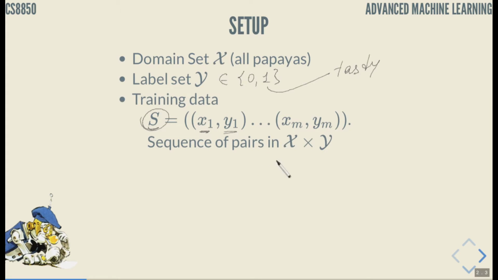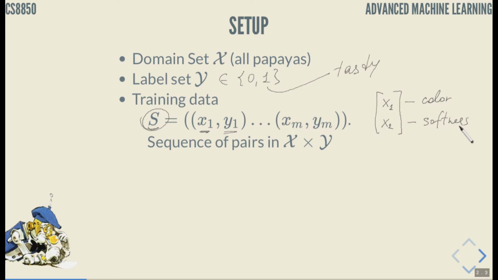So as you see, the sequence of samples with the corresponding labels, in our case papayas, well, x in our case is a two-element vector, right? x1, x2, where x1 is color and x2 is softness or hardness.